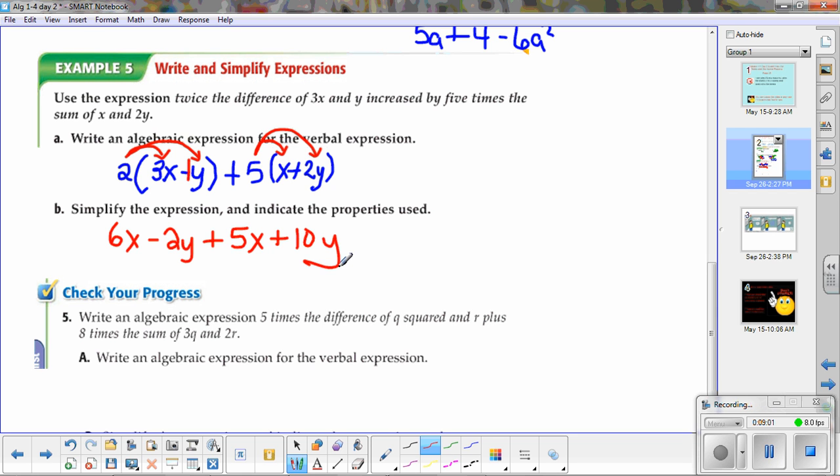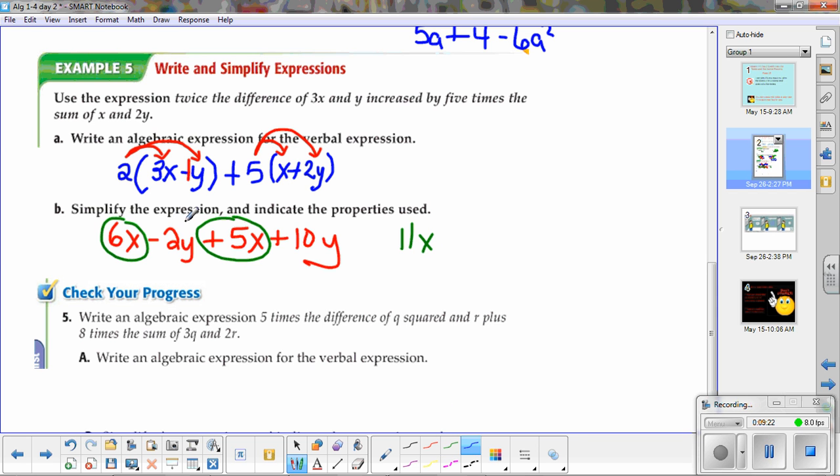After you get that far, you're going to go through and combine like terms. This 6x is going to join forces with this positive 5x. 6x plus 5x is 11x.